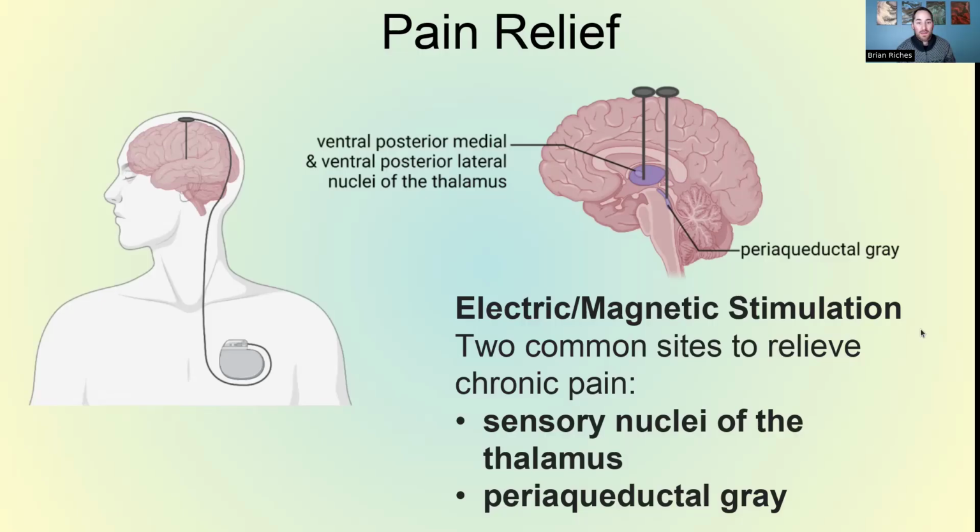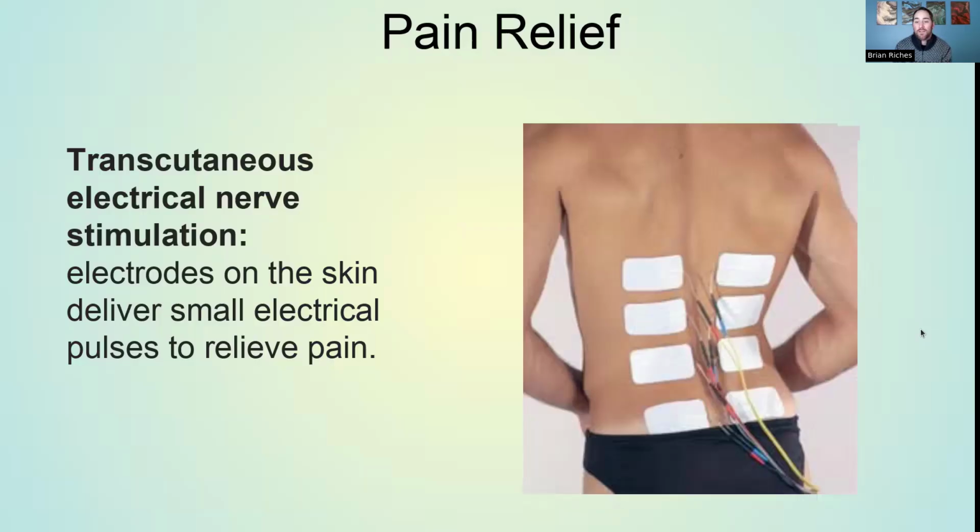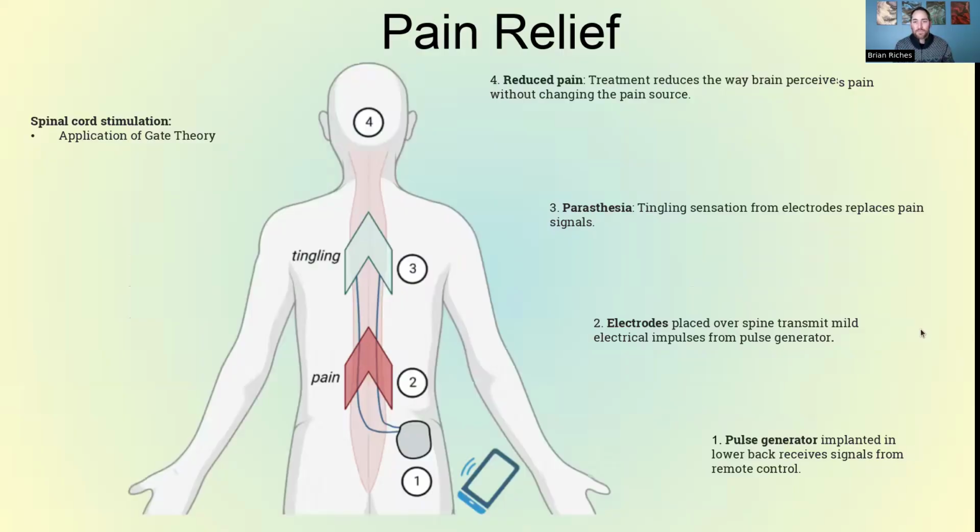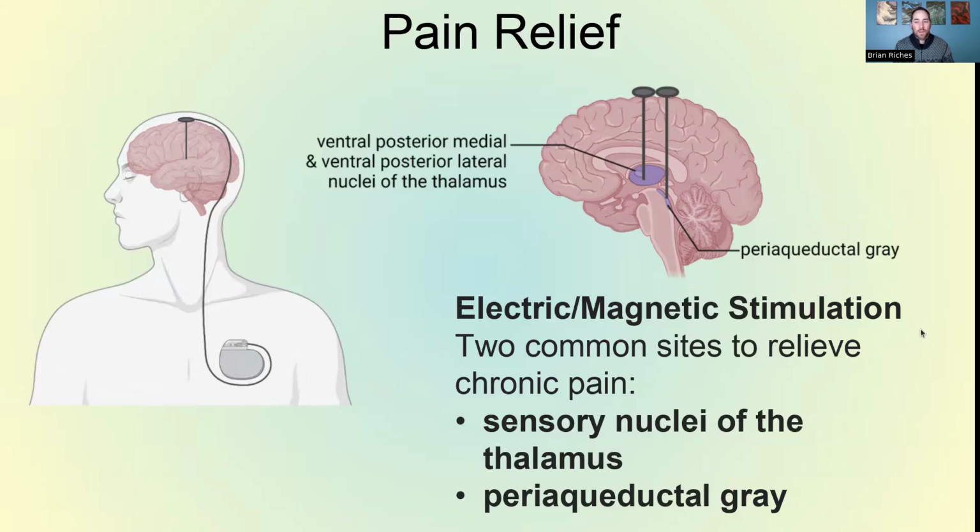This is kind of an area of last resort, versus it would be very common to find someone at a physical therapist's office with this kind of TENS unit to give you that small electrical pulse on your skin. It would be very unusual to find someone who has the electric stimulation of a probe inside their brain, but it is a possibility.